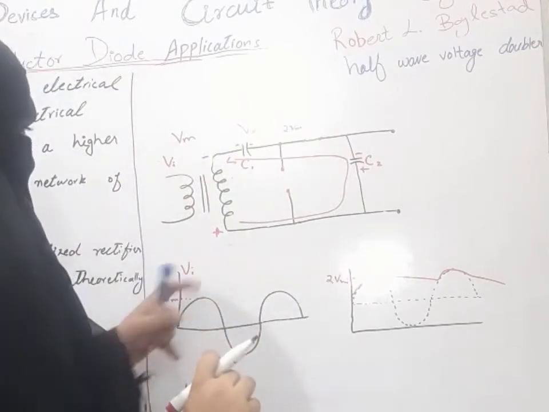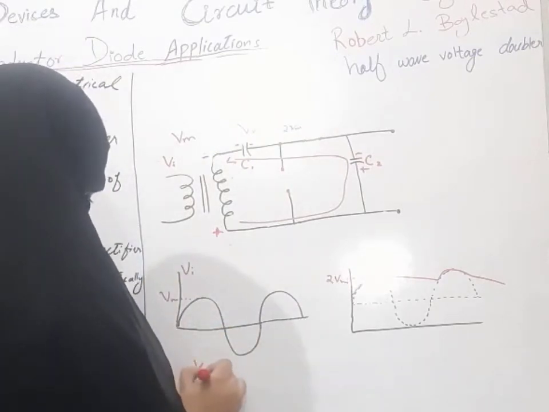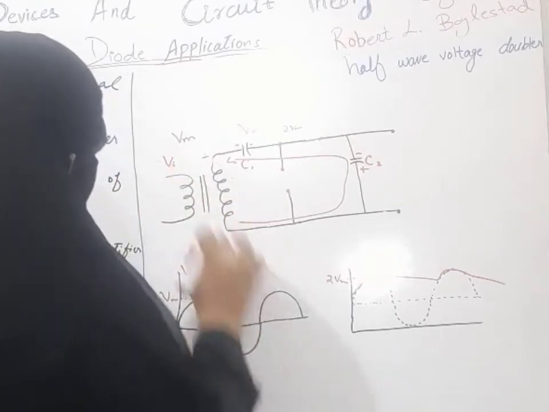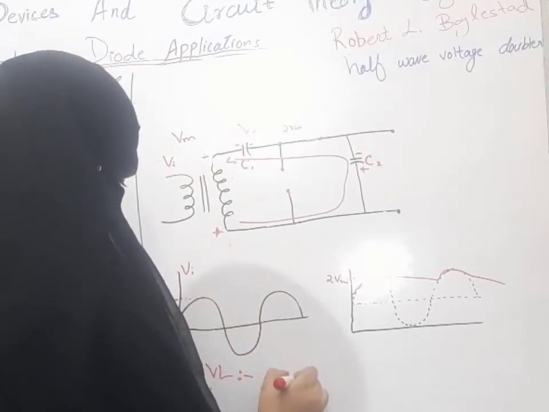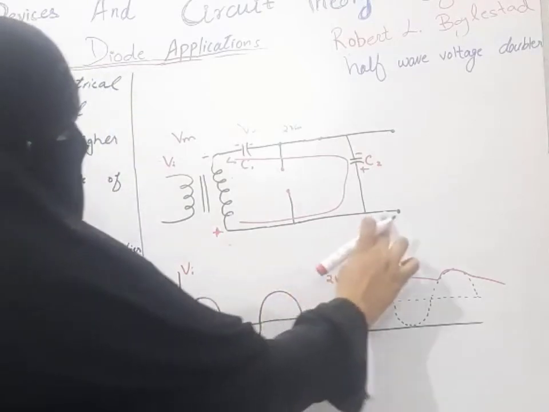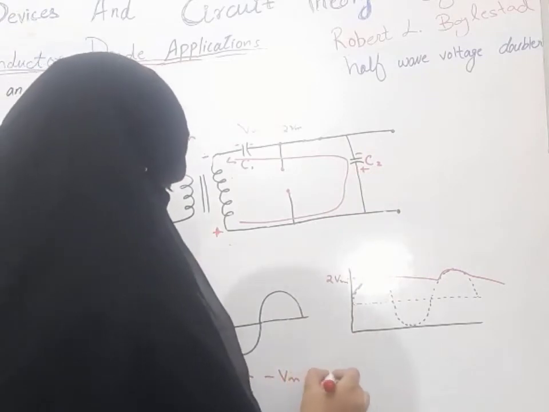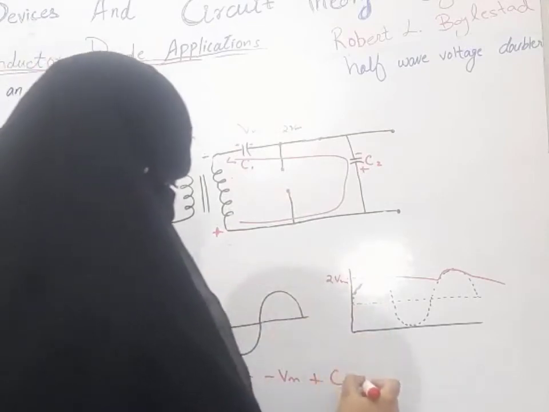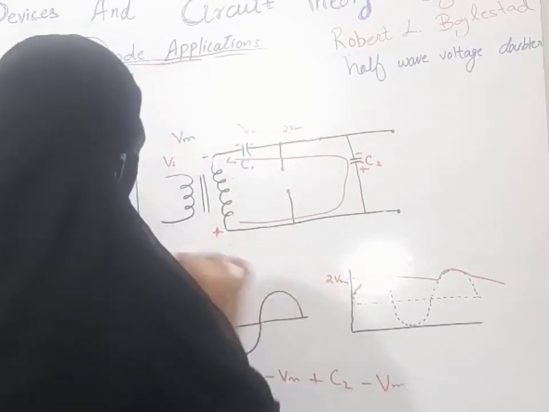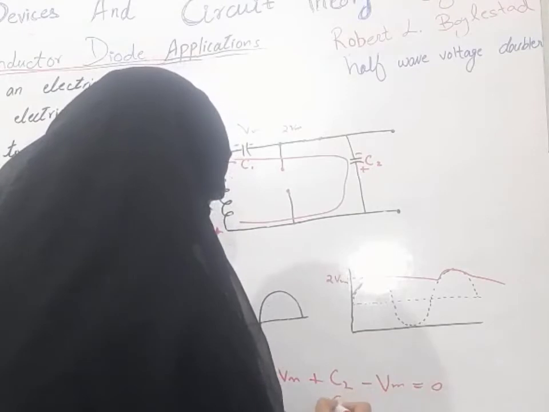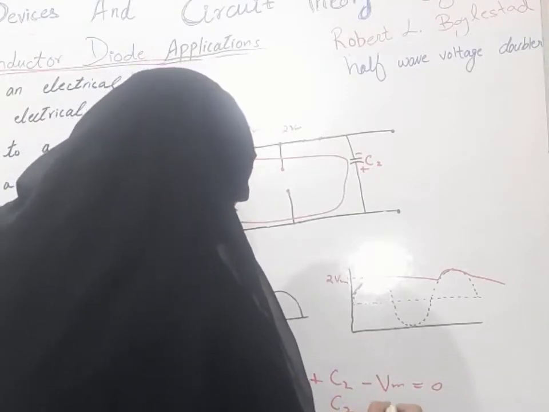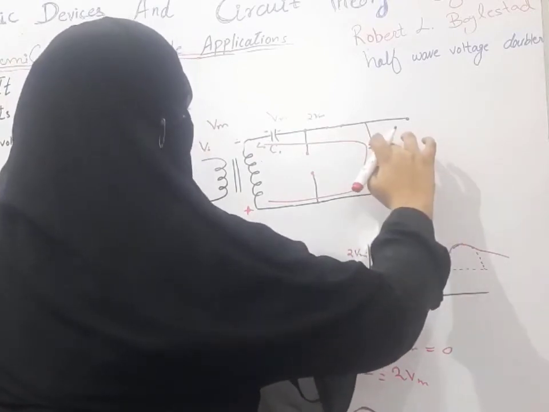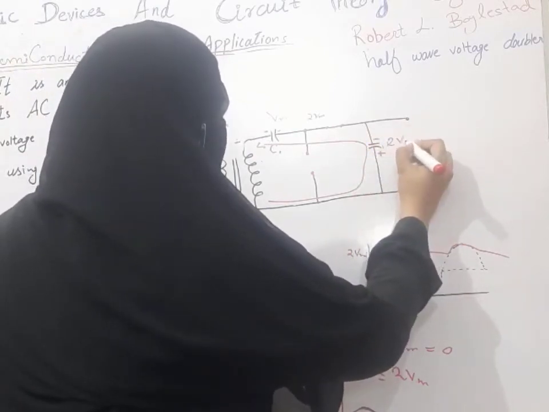Now write the KVL equation: minus Vm, which is the input voltage, plus VC2, minus Vm is equal to 0. So VC2 will be equal to 2 Vm. So our capacitor C2 will be charged to the 2 Vm level.